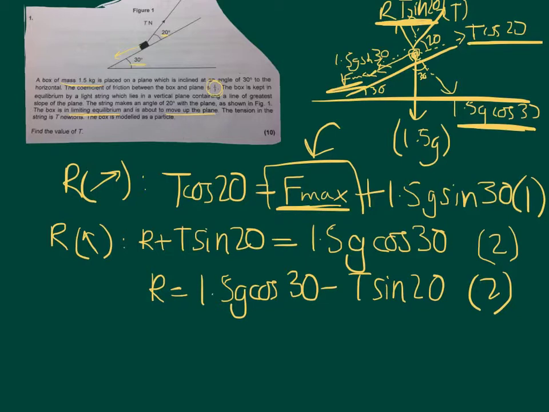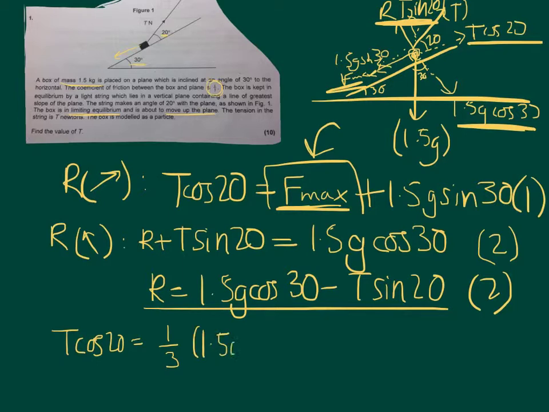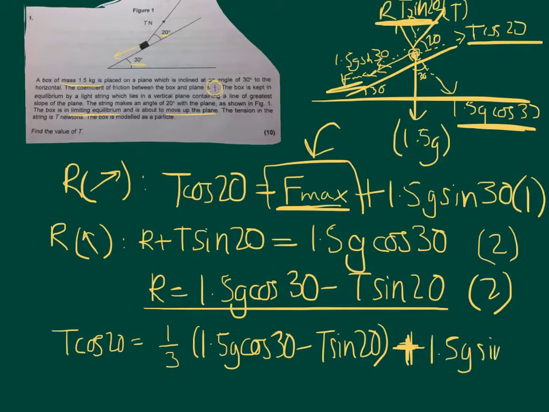And then we want to rewrite equation 1 as T cos 20 equals 1/3, and now we can put this in instead of R. So 1/3 times 1.5 g cos 30 minus T sine 20, plus 1.5 g sine 30, and that's equation 1 again.